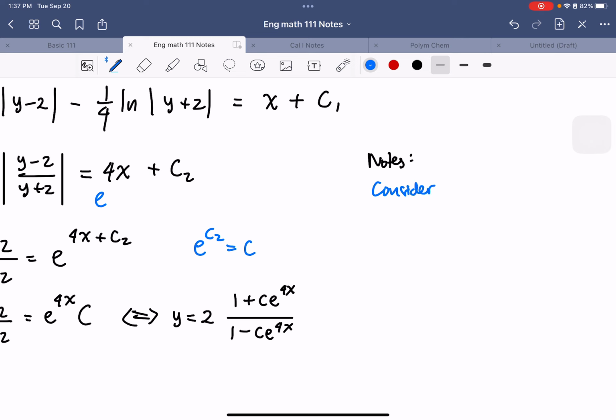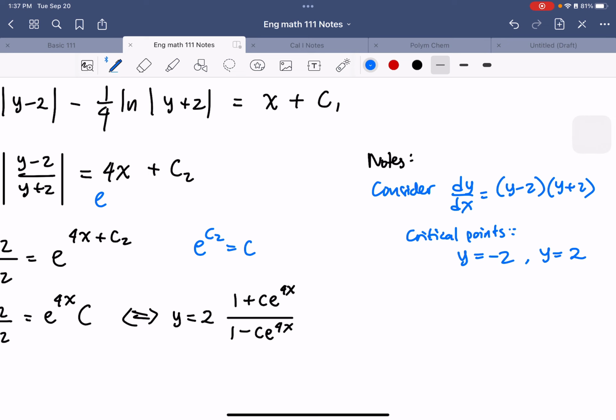Consider the dy over dx. The critical points are negative 2 and 2, right? Now, we know that the critical point is the one that, when we put into the equation, will make it 0, right?